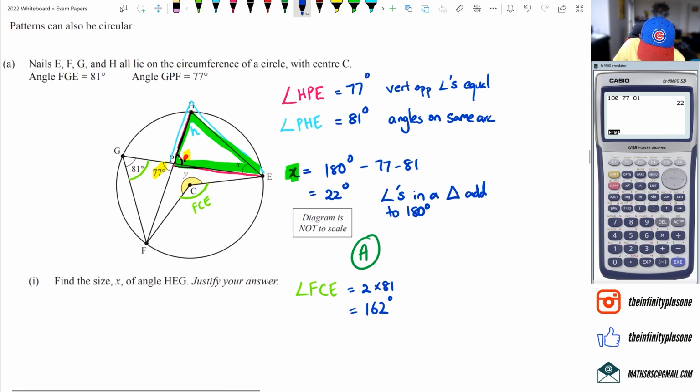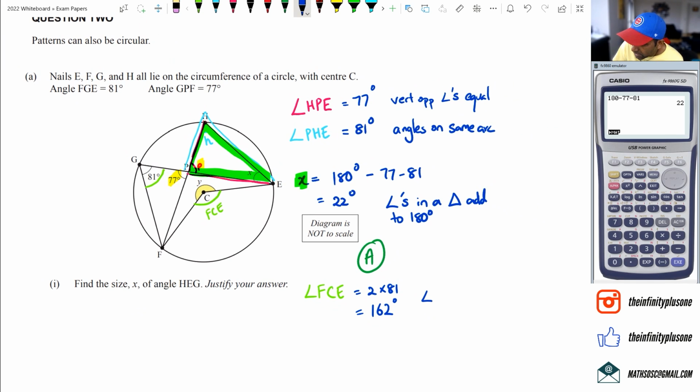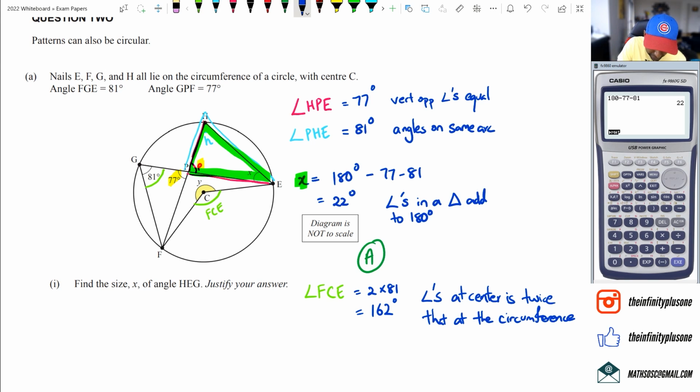And I'm going to write that reasoning down, which is angle at center is twice that at the circumference. Once again, if you do have a shorter way of writing this, you can. But we're not finished with this question. We still have to figure out what Y is.